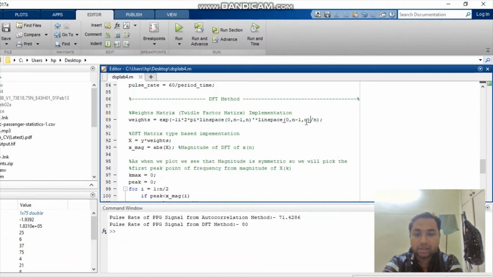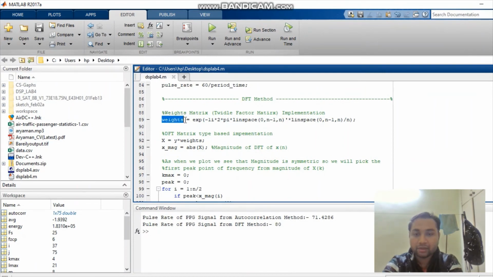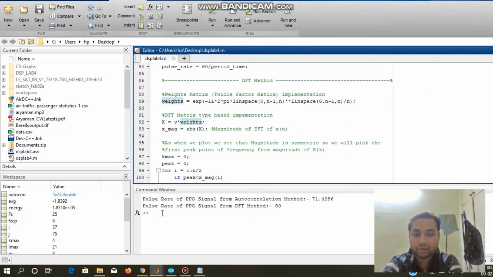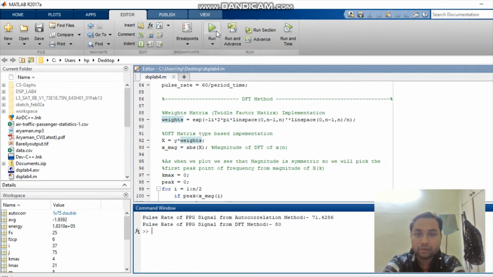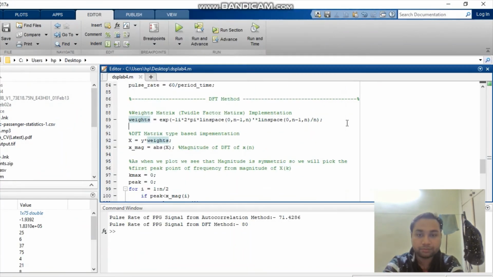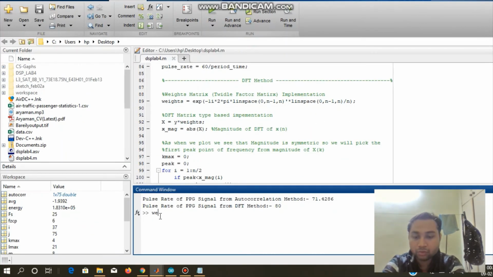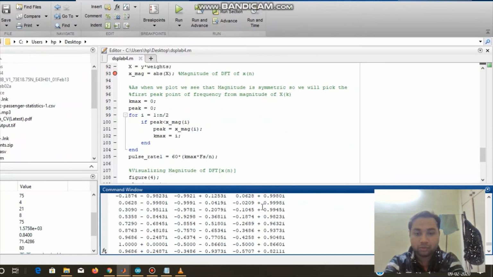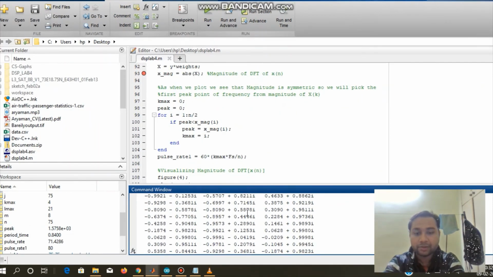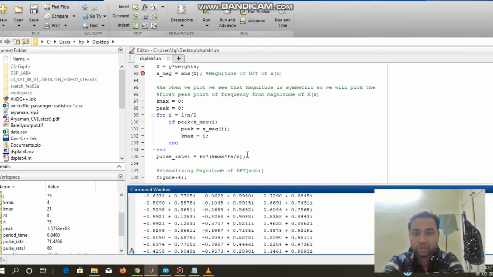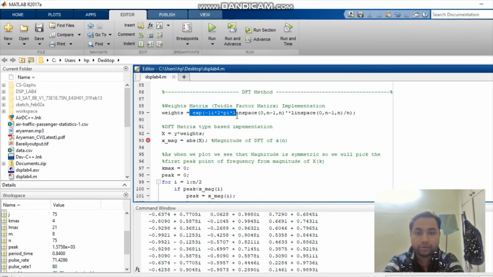As you can see, these are the weights. If you want, you can see what weights are being generated, so we'll first run this. So these are the complex factors we are getting, which are nothing but the weight matrix or twiddle factor matrix coefficients.